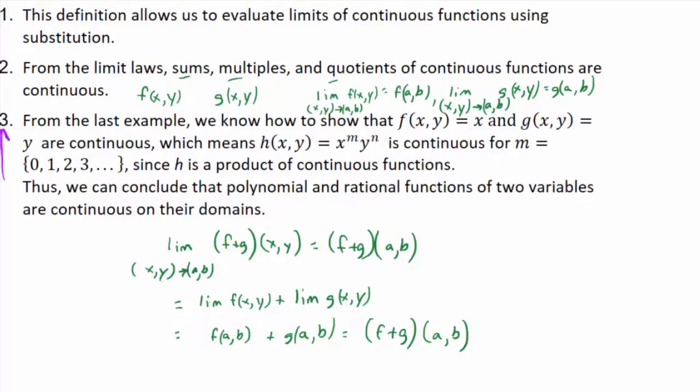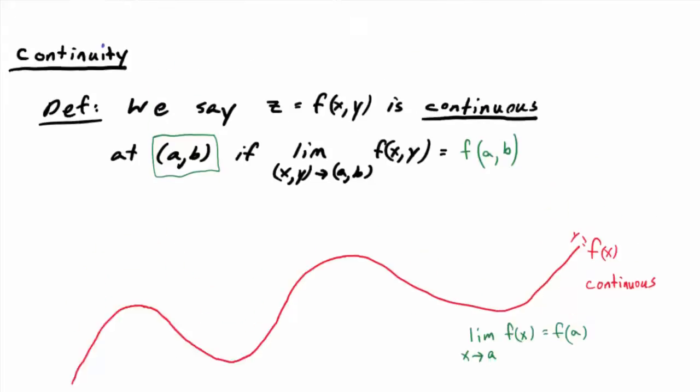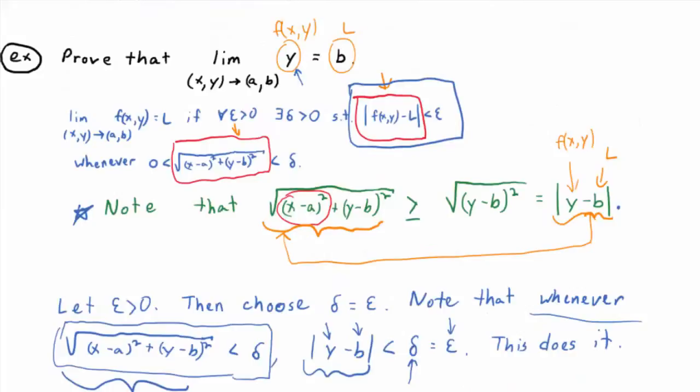Here's the point of that epsilon delta proof that I did. From that last example, we know how to show that f of (x, y) equals x and g of (x, y) equals y are continuous. In fact, by showing that the limit as (x, y) approaches (a, b) of the function y equals b, we showed that this function is continuous, didn't we?